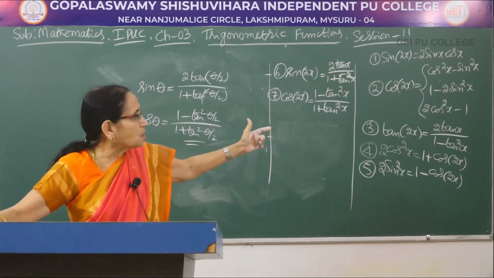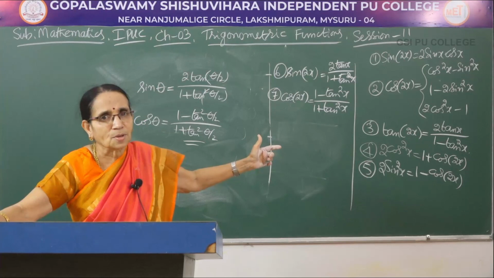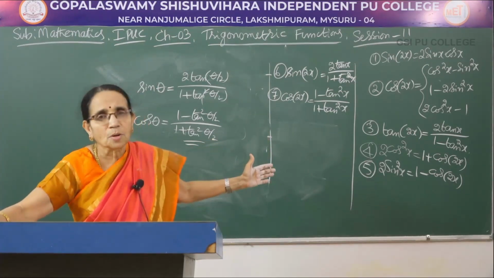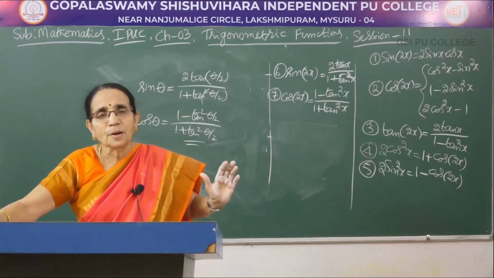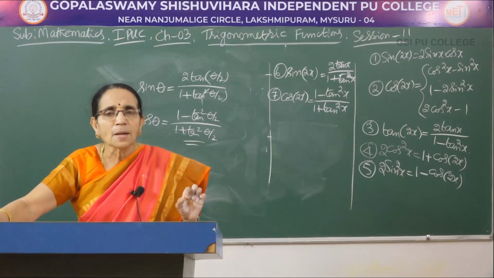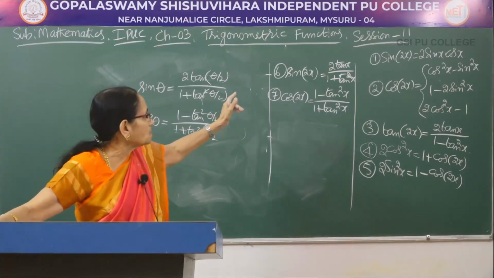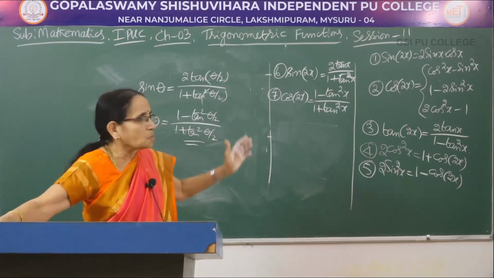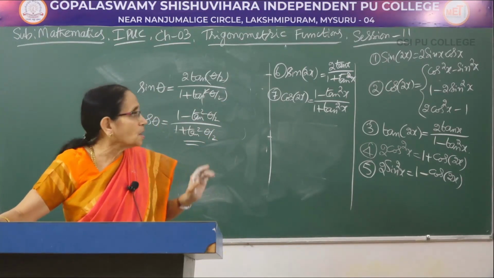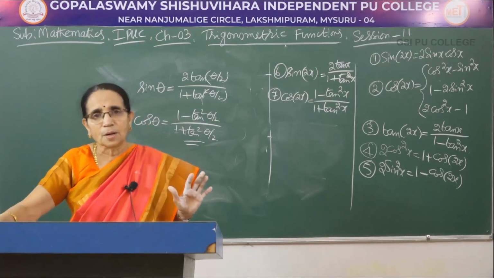Now, tan of 2x is 2 tan x over 1 minus tan square x. Rewriting the cos of 2x formula, we get 2 more results where the power of the function cos x and sin x could be expressed in terms of the multiple angle cos of 2x. And 6th and 7th, these formulae give us the values of sin 2x as well as cos of 2x in terms of the tangent function.